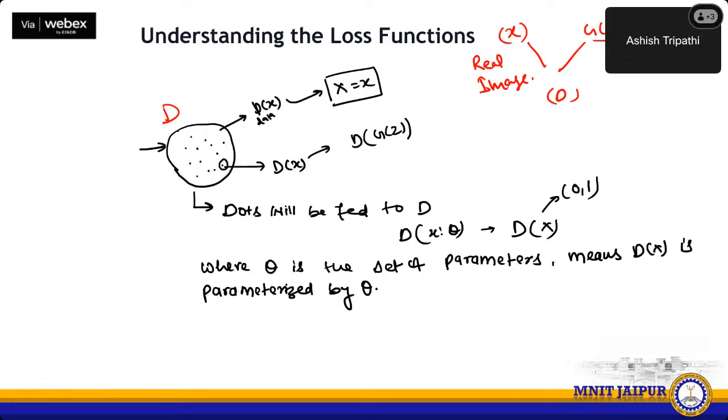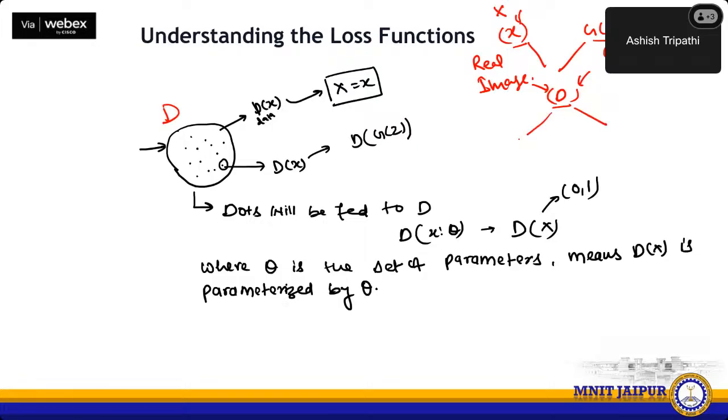The data which has been generated by the generator network is represented as G of Z, and the real data points which are sampled from capital X are represented as X. So the discriminator network is going to get data samples from two sources: one from the real source and one from the generator. What is the target of the discriminator network?